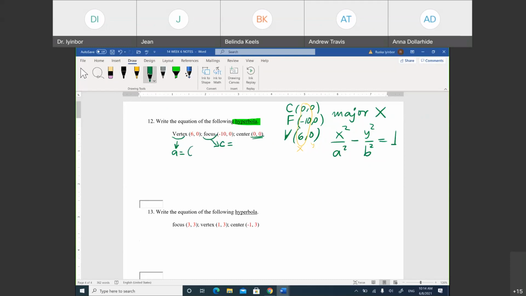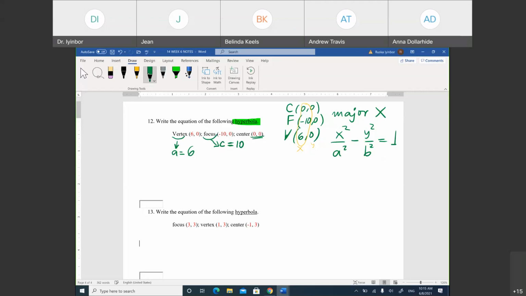And what is C? -10. Okay, thank you for saying -10. Now remember, A, B, C are always positive numbers. So what is going to be C? Positive 10. Now, why is it positive 10?